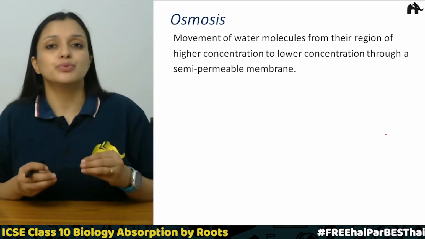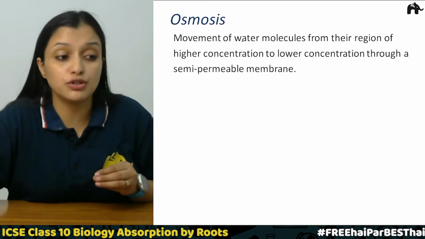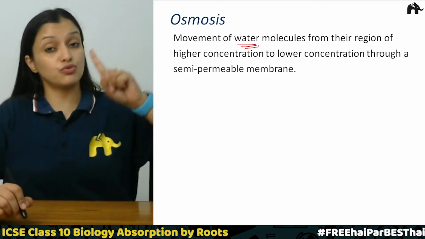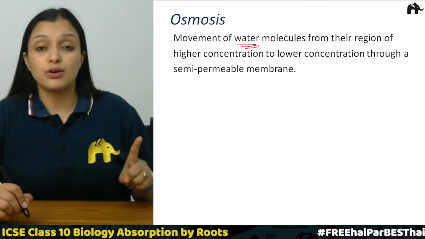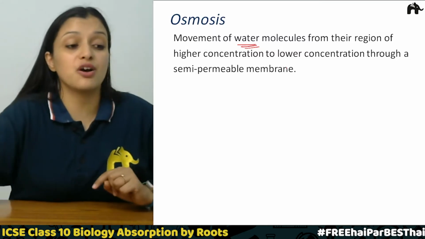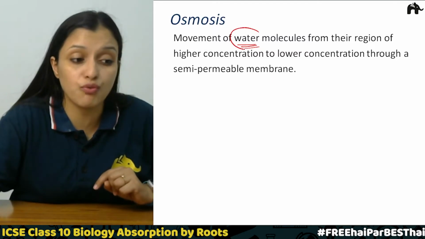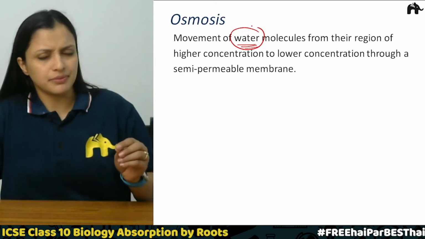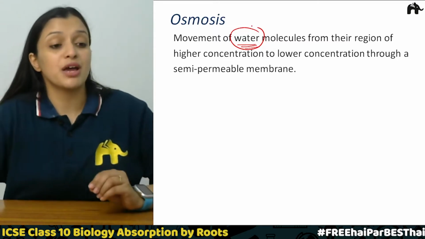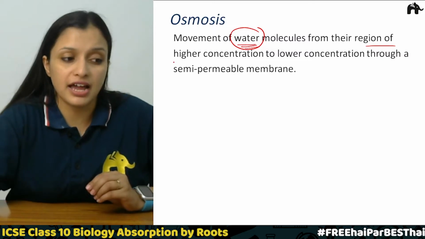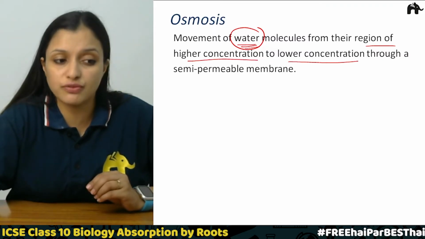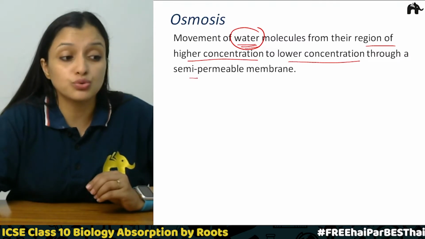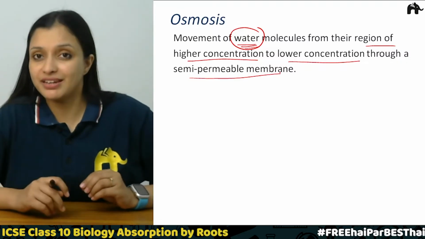But when we come to osmosis, earlier there was movement of solute particles, and now there is movement of water molecules, but the direction remains the same, from the region of their higher concentration to the region of their lower concentration through the semi-permeable membrane, right?